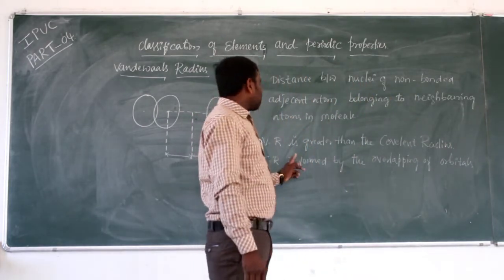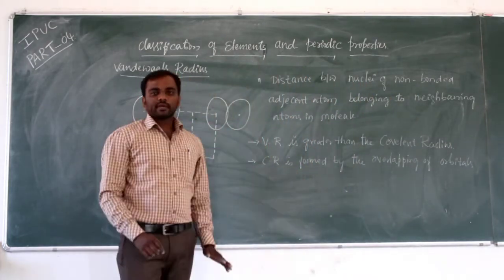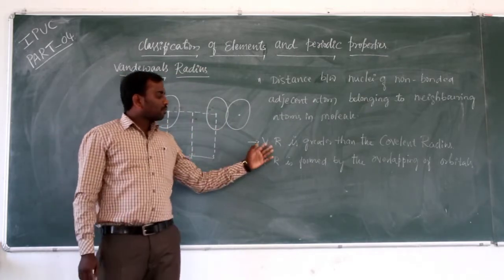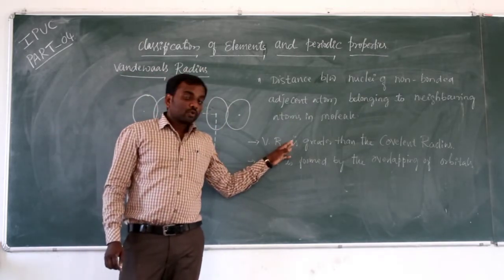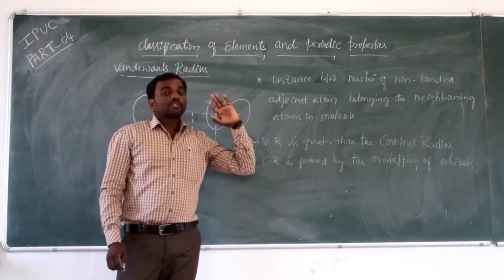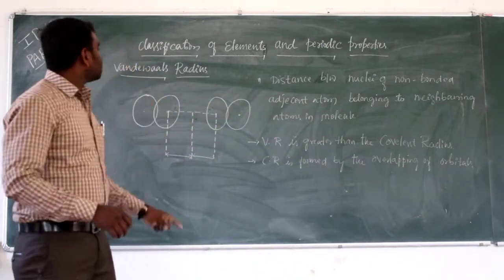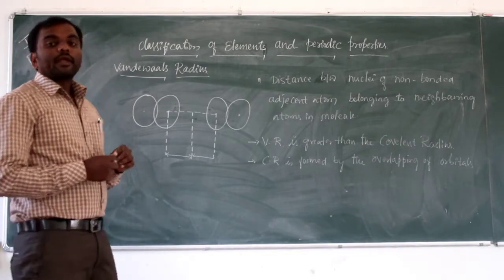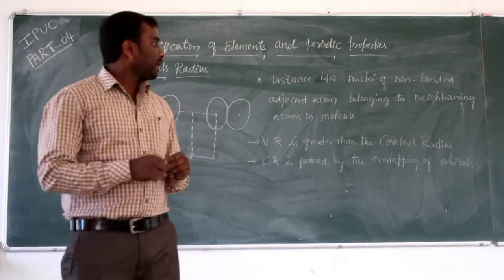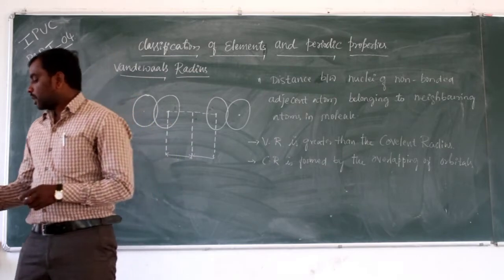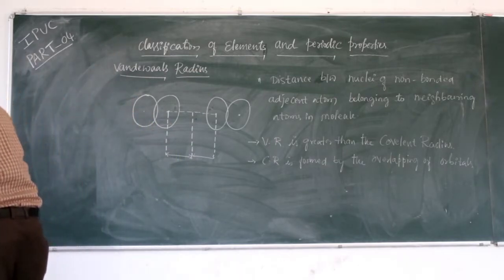Right? But this van der Waals radius comes closer without the overlapping of the orbitals. That is called as van der Waals radius. Is it clear? Next we move on to ionic radius.